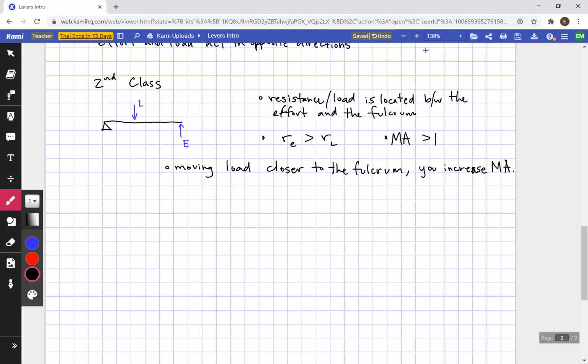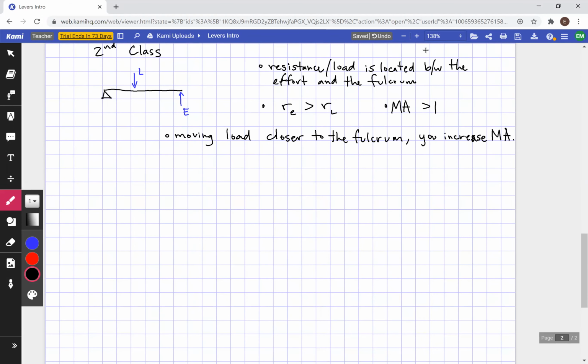So having the effort force and the load force farther apart, but still on the same side, that increases the mechanical advantage.